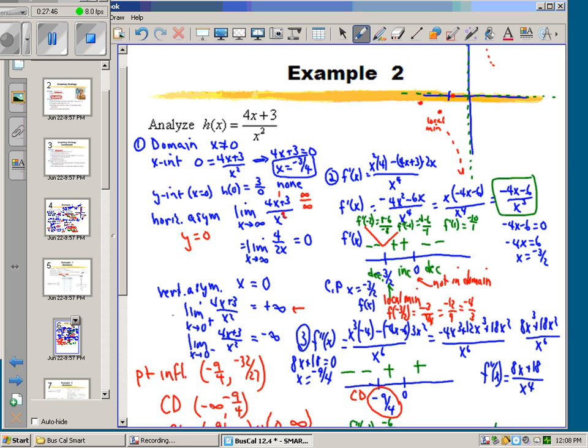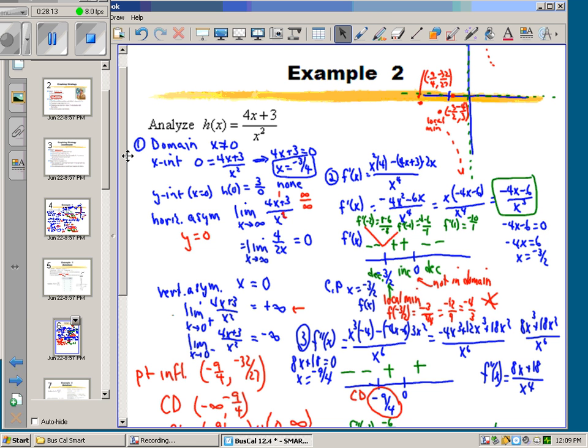This will be negative 9/4, negative 32 over 27. And this first one was negative 3/2. It's right here. Negative 3/2, negative 4/3. Okay, so we've got those points on the graph.